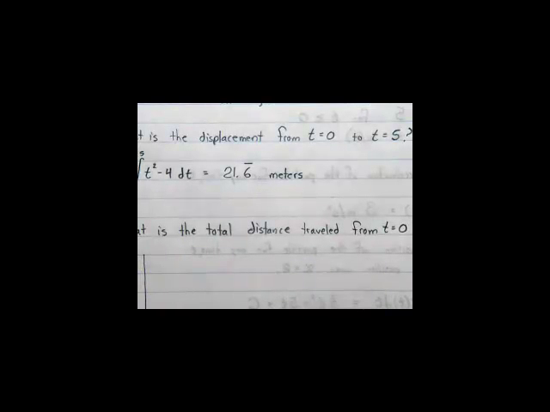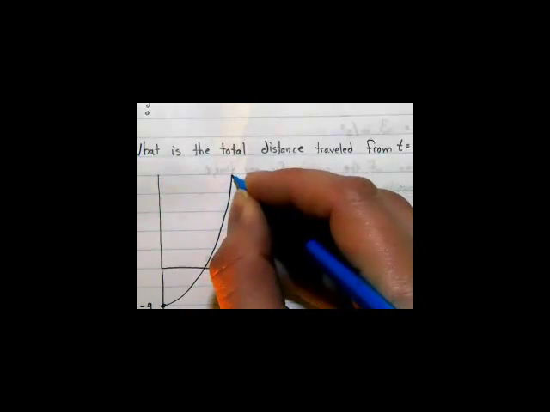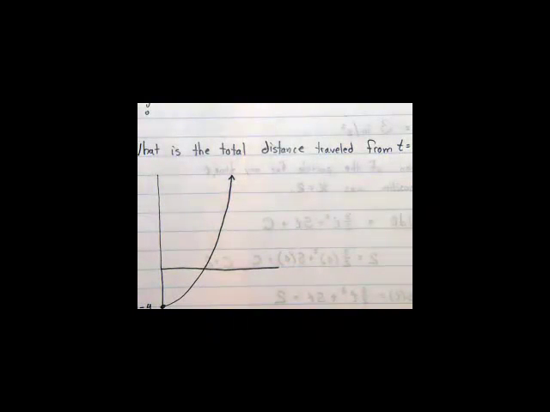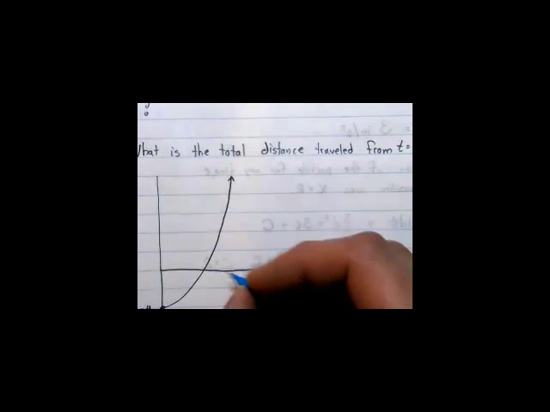Oh, actually, I've got to go negative on this thing too, don't I? A little bit. Okay, so this thing starts down at negative 4, and it's a parabola that takes off like that. And we go from 0 to 5.